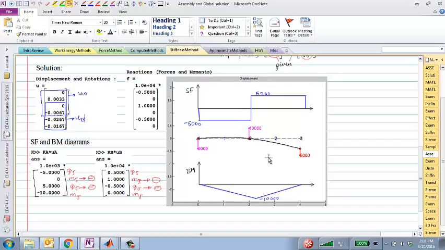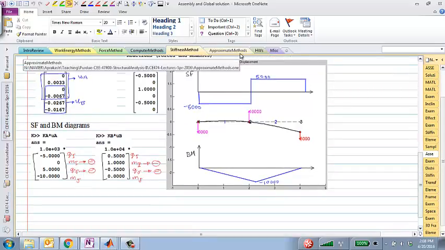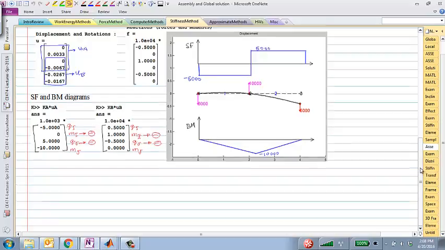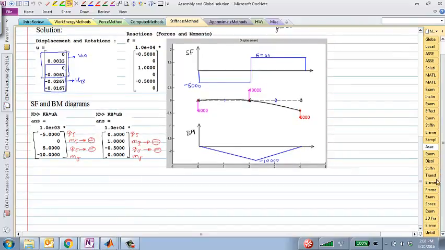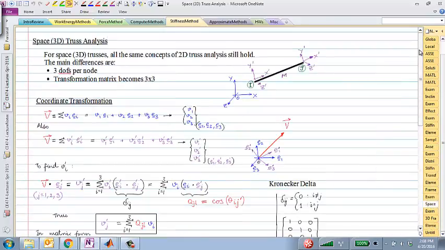In the 10 minutes that are remaining, let me quickly give you an overview of three-dimensional problems, which will not be on the exam again. But again, I'll give you the code. You can use it whenever you need. This is from the handout that I gave you last time.